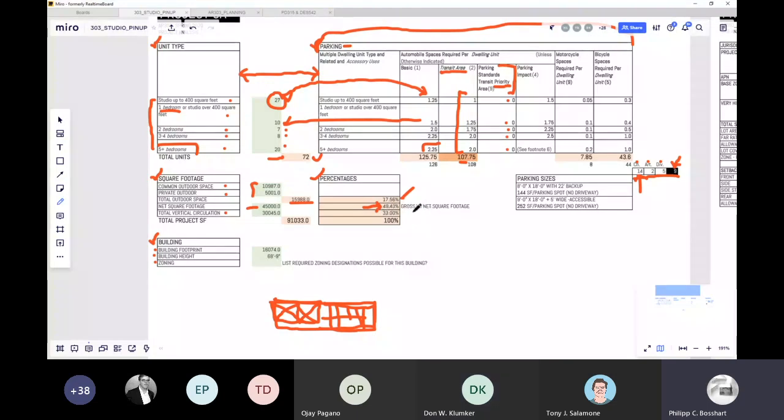The higher this number, the more rentable square footage. And then total square footage for circulation you probably want to aim for lower too. I think we use the term of core efficiency, and that's where this sort of gets out. Just giving you a kind of prelude to how we're going to be looking at these as a class or as a studio.